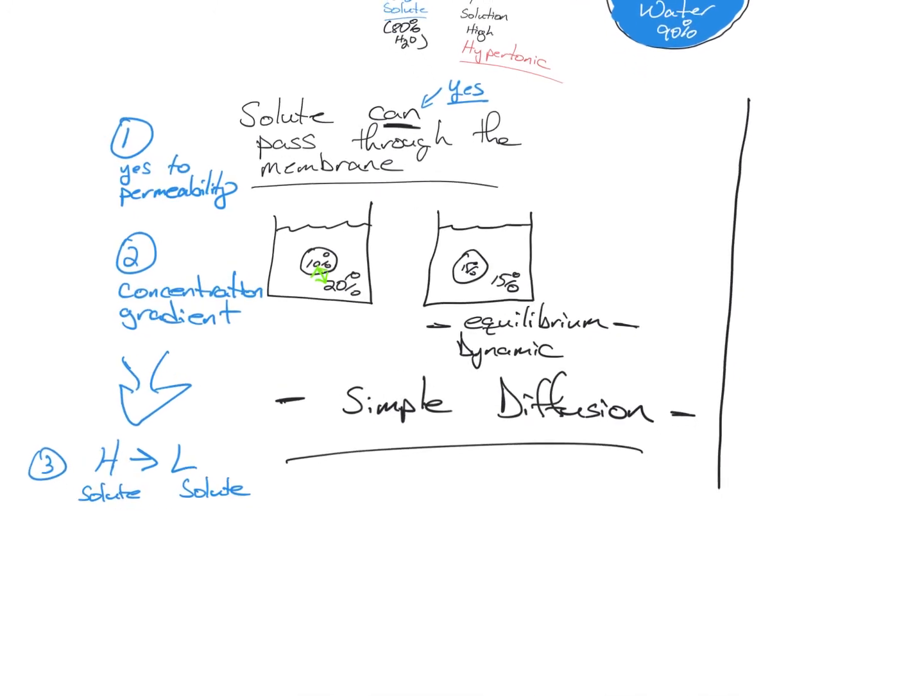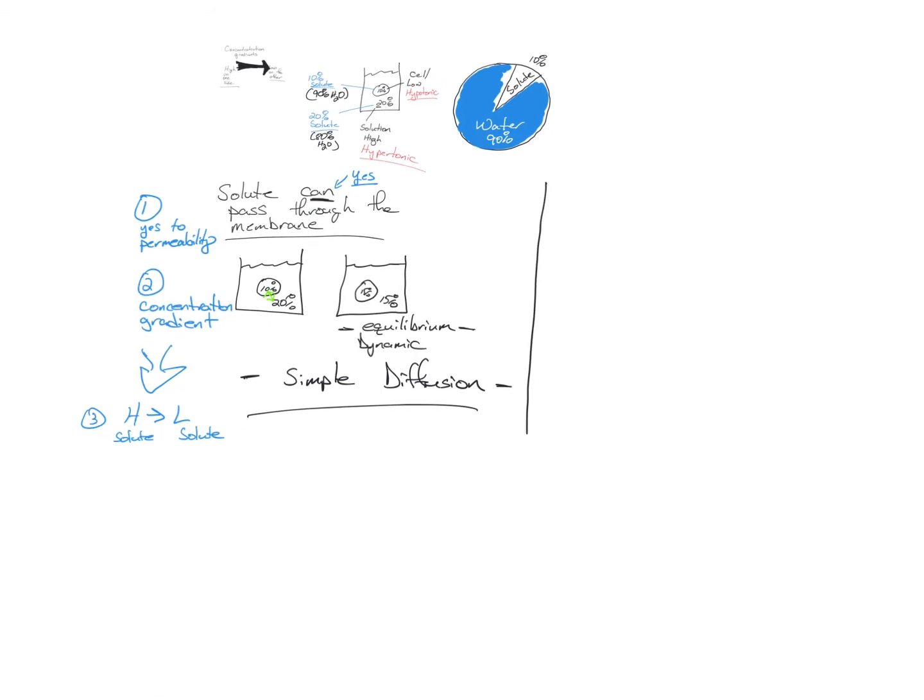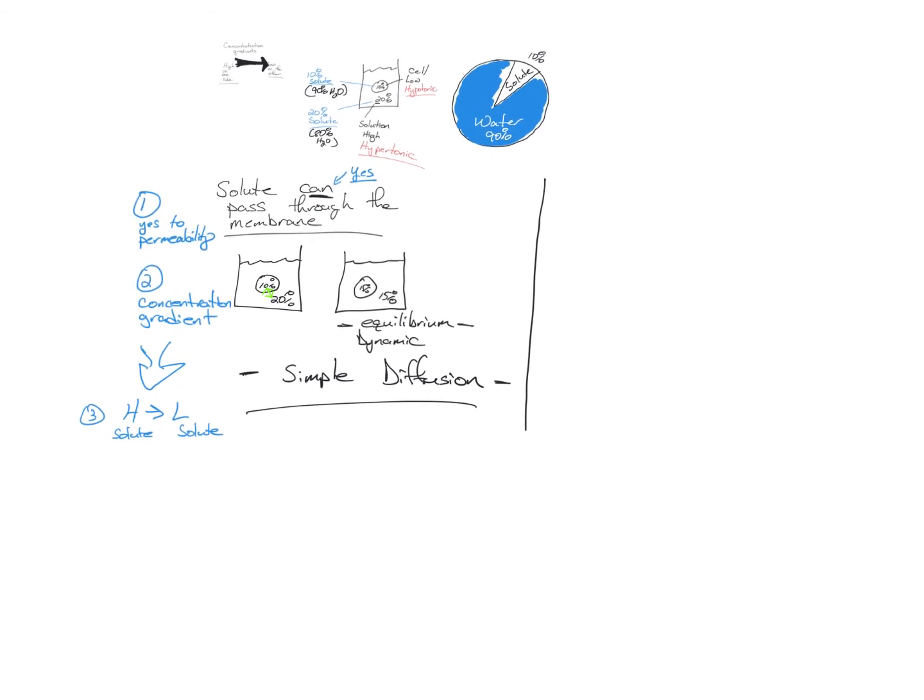If the answer is no, though, that's when things get a little more complicated. I don't think it's that bad, but if the solute cannot move, let me just say no, right?